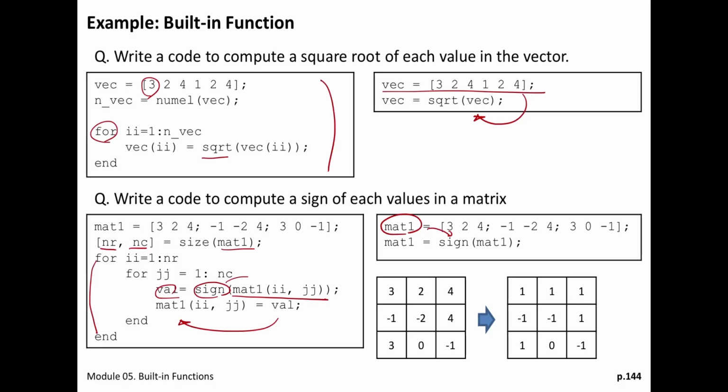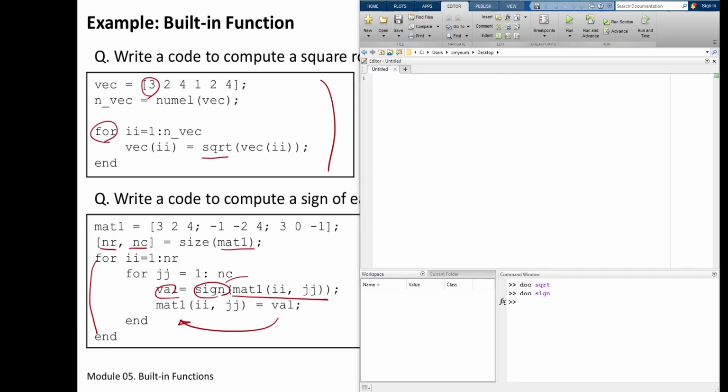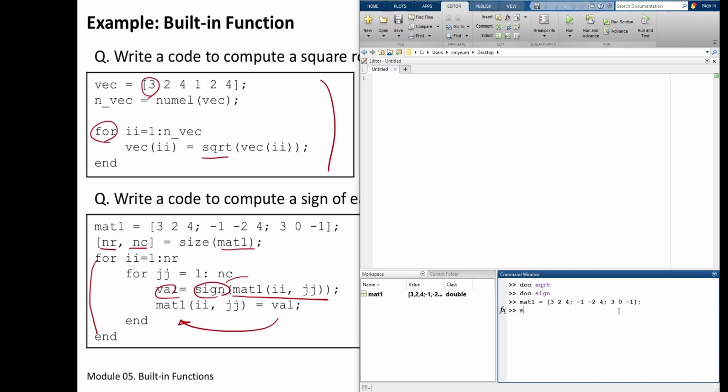Can you see my point? Let's do a simple experiment. mat1 equals 2 3 2 4, -1 -2 4 0 3 0 -1. mat1 is like this. sign of mat1, you get this one.